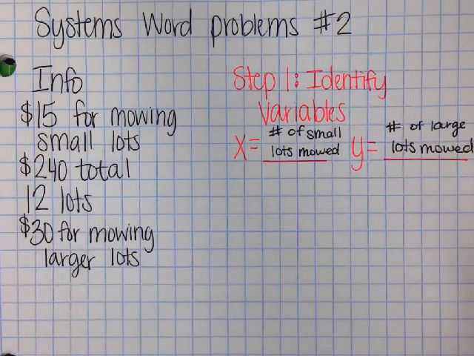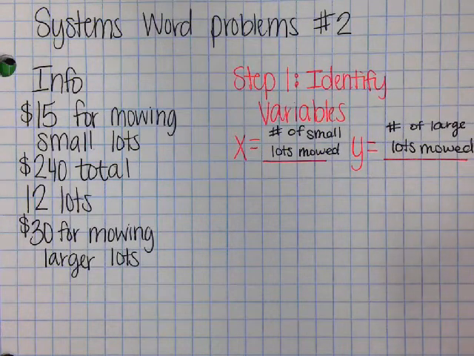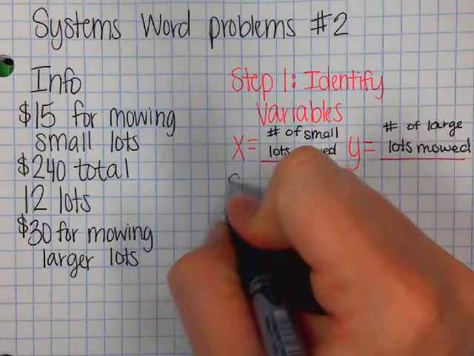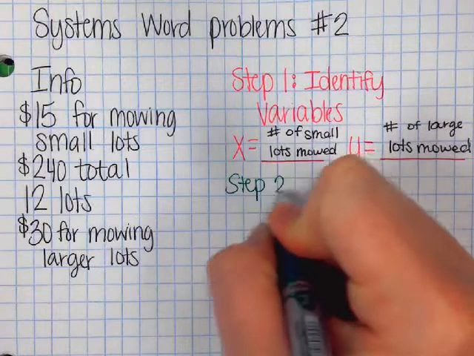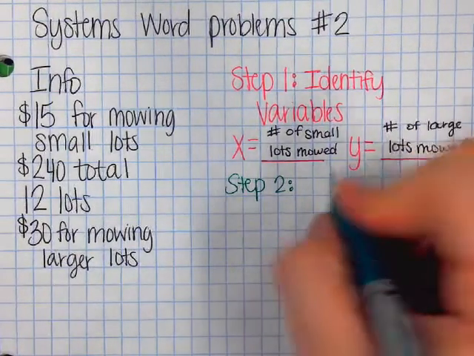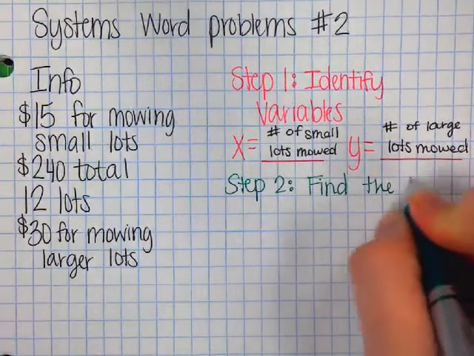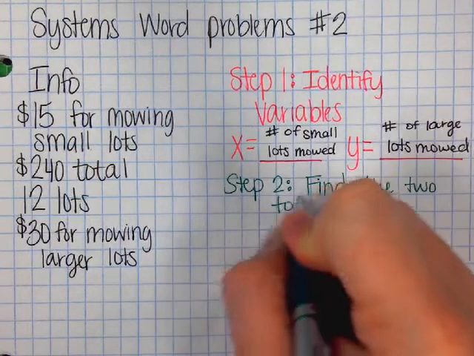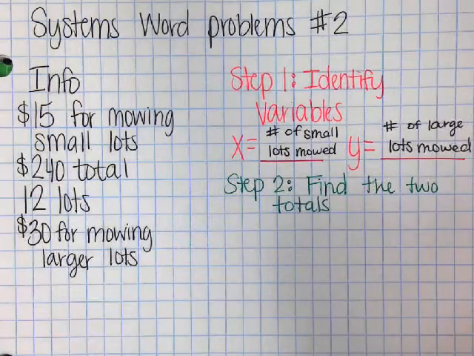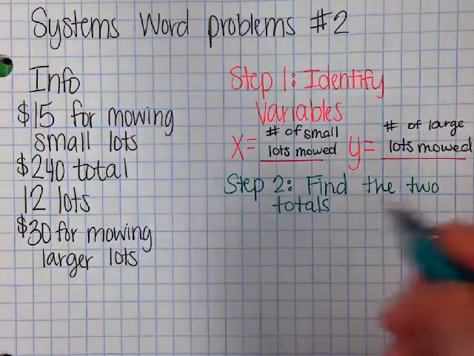Okay, we know that we're talking about a system, so we're going to have two equations. So step two, we're going to find the totals, so that we know what both of the equations are equal to.